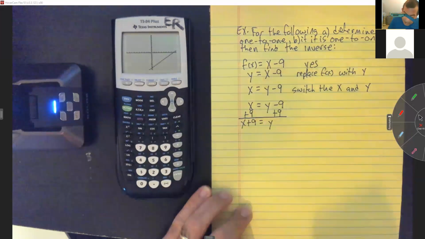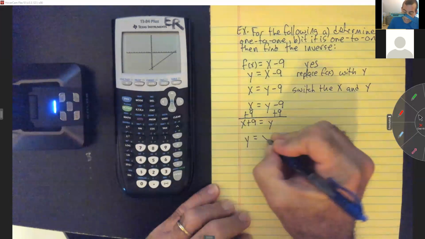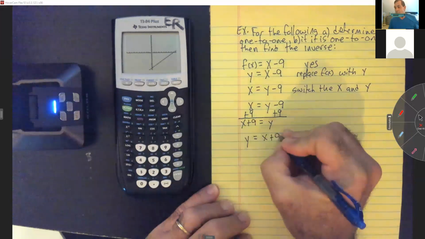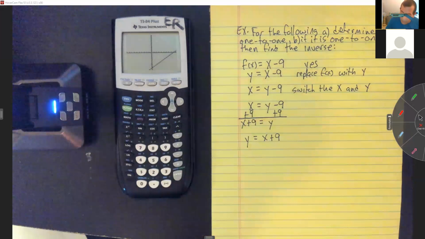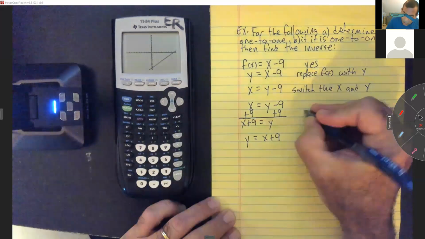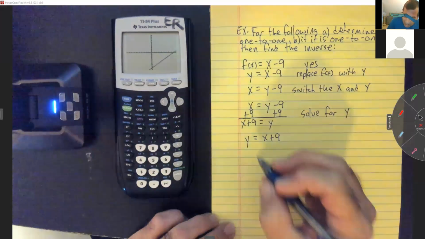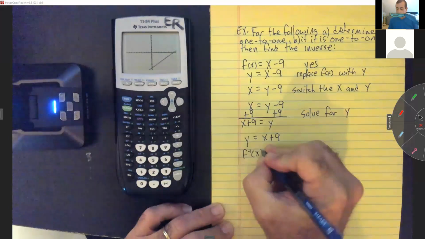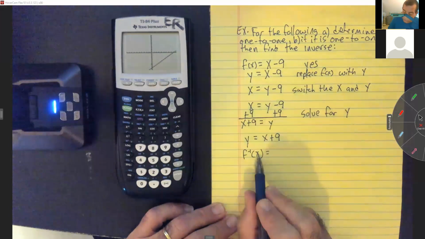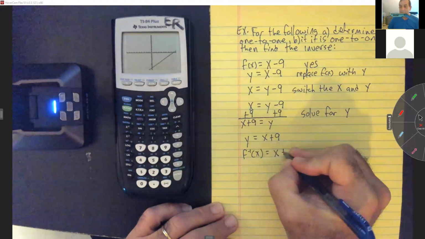So basically I got y equals x plus 9. All I did was just switch the sides. So here all we did was solve for y. And then remember, my last step is to replace the y with the f inverse notation. So that f inverse of x equals x plus 9.